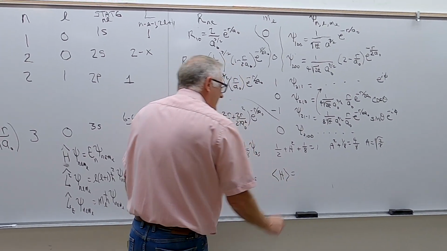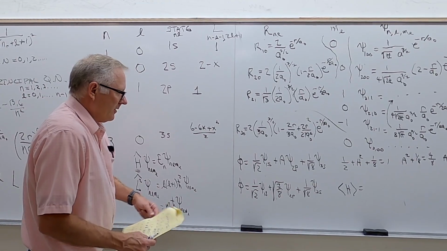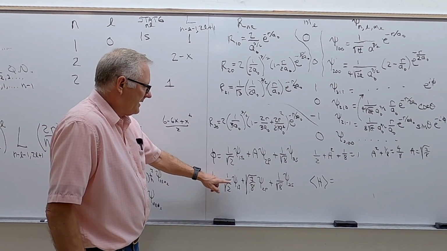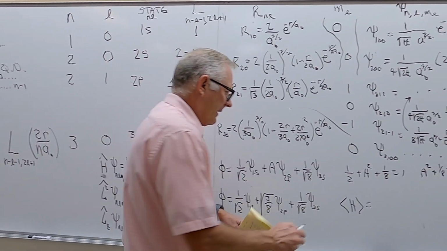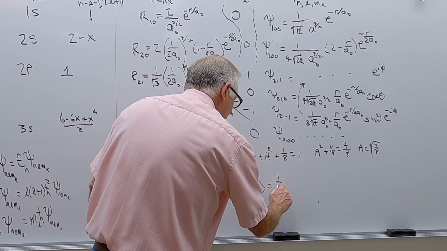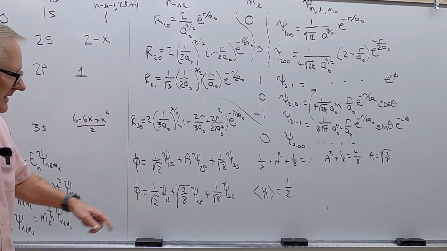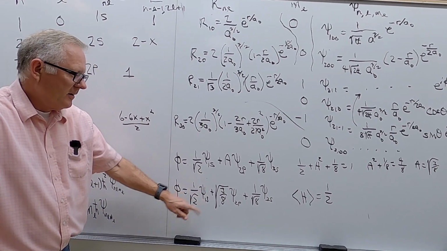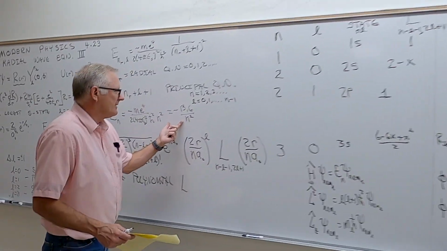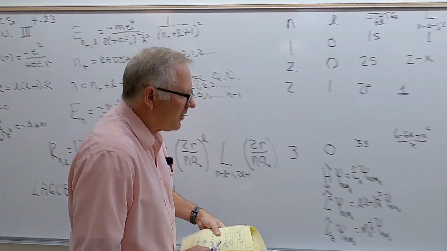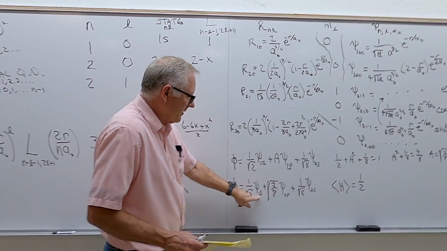Now, if we wanted to know what the expectation value is of the energy, well, what do we have? We have the probability of measuring the 1s state is 50%, 1/2, it's that squared, times the energy of this state. That's just minus 13.6 over 1 squared, because remember, this n is 1.